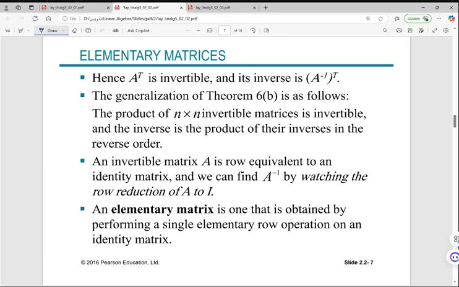We want to find a method or algorithm that computes the inverse of any square n times n matrix. This algorithm is based on a notion called elementary matrix.